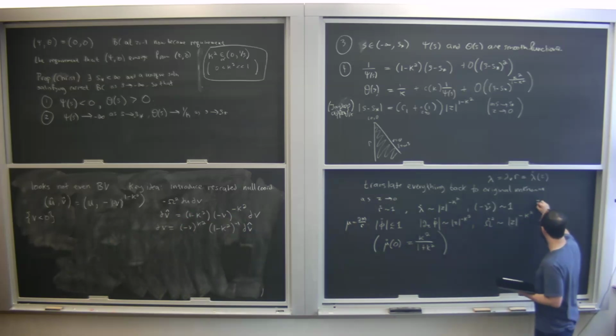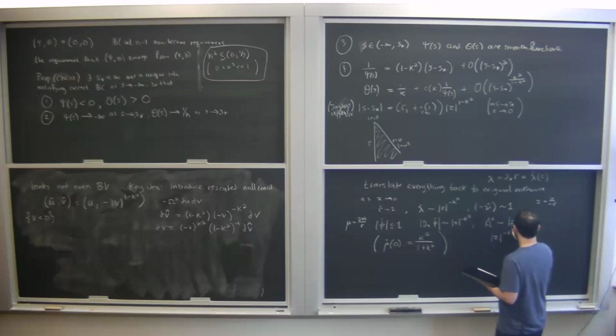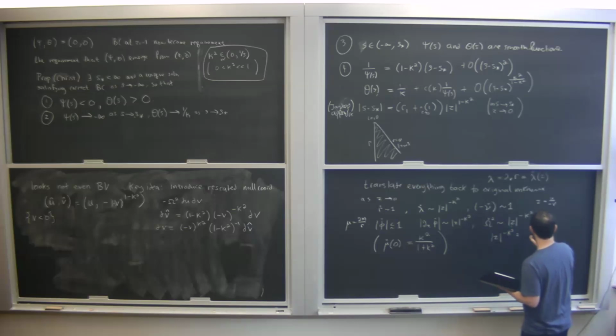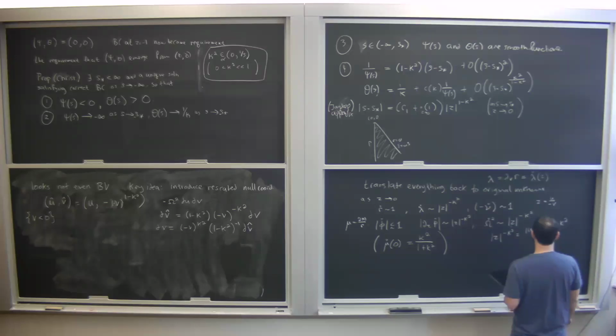But then on the other hand, so z here, remember, is u over minus v. So z to the minus k squared is going to be, well, let's write it like u to the minus k squared times, well, v is negative here, so this whole thing is positive. Wait, that can't be right.